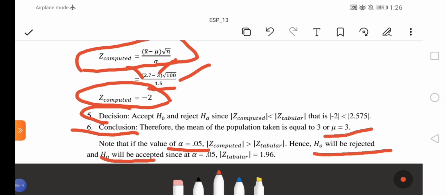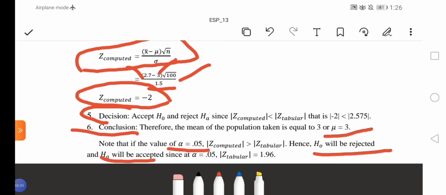Since at the level of significance 0.05, the z tabular is equal to 1.96, which is obviously mas malaki ang absolute value ng negative 2 sa absolute value ng 1.96.